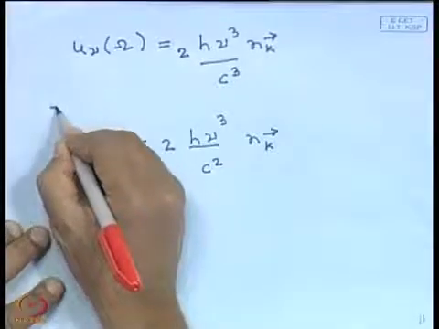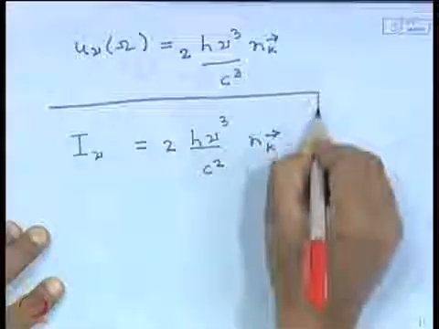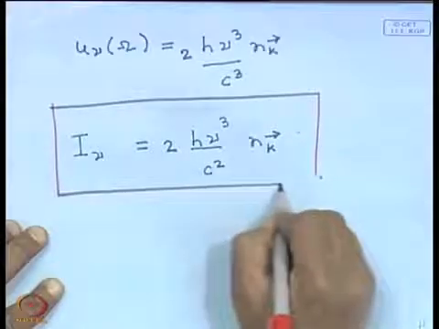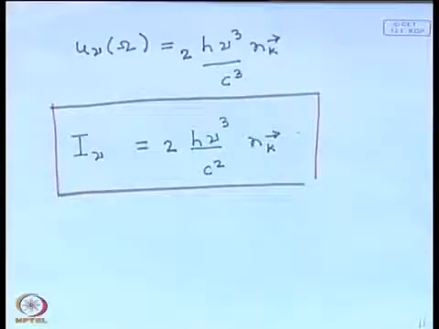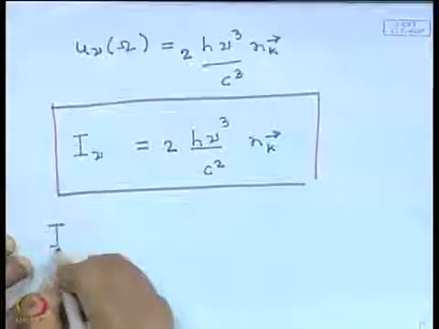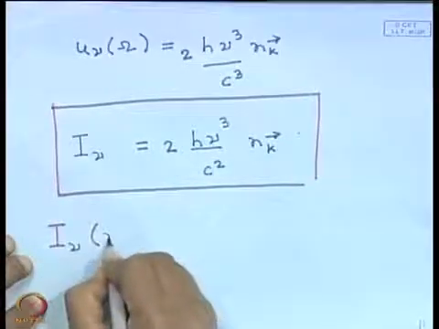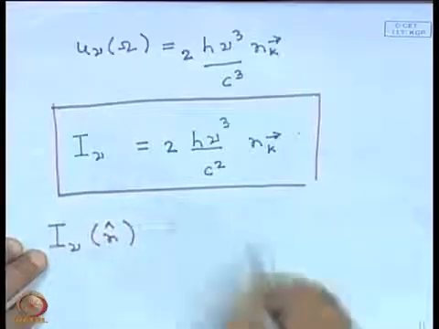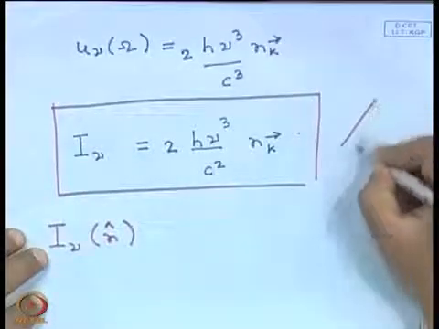So, we had calculated a relation between the specific intensity. Remember, the specific intensity I nu is for rays in a certain direction. So, this is a unit vector along the direction of the rays. Let me draw a picture. So, these are my rays.